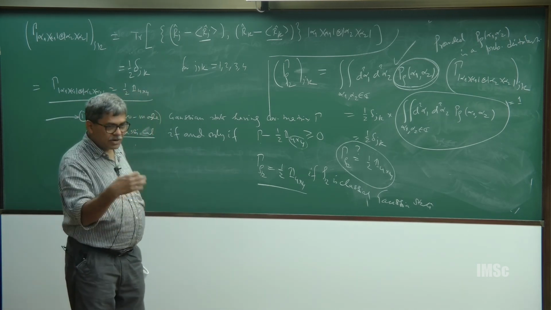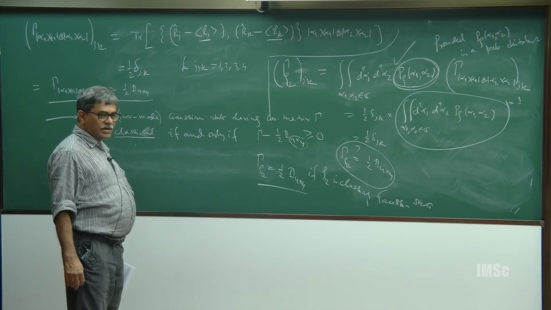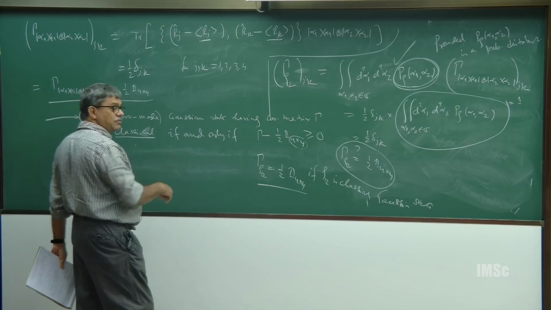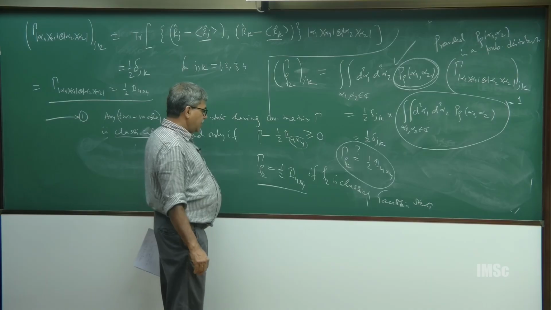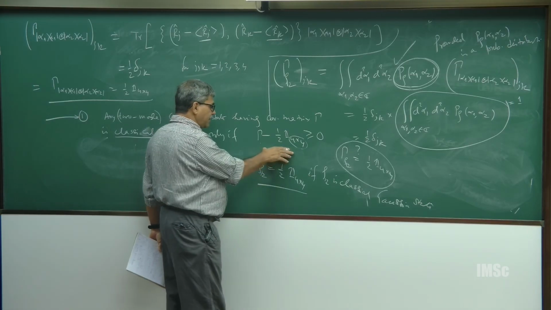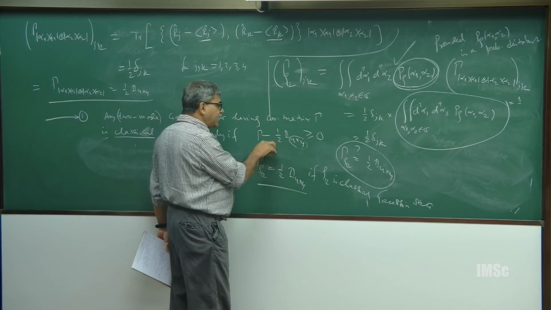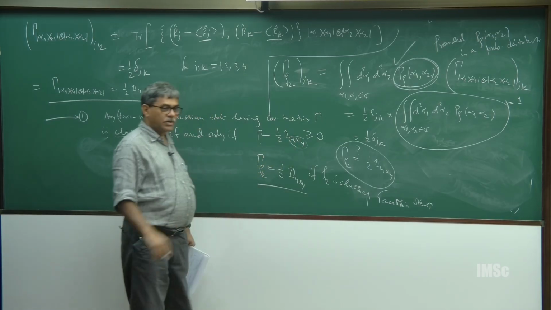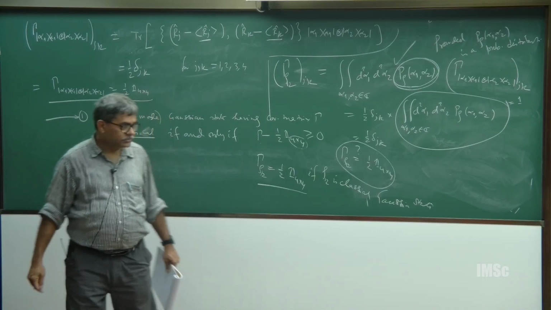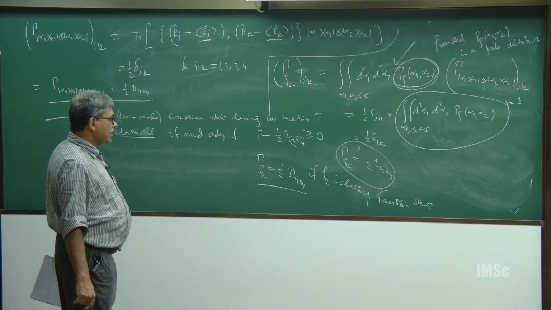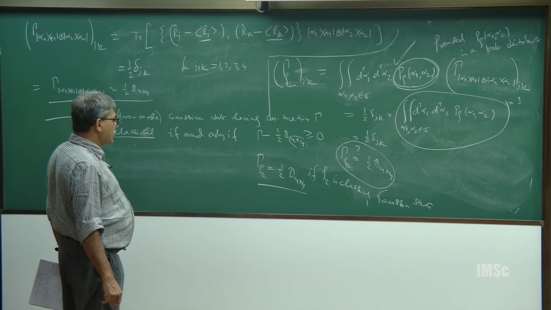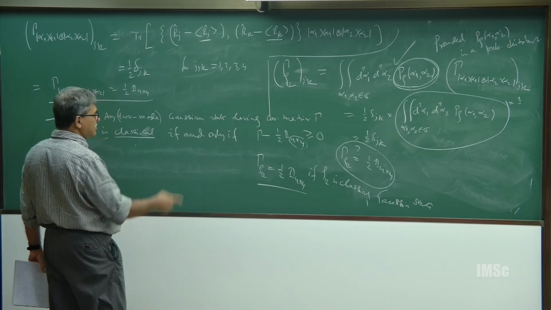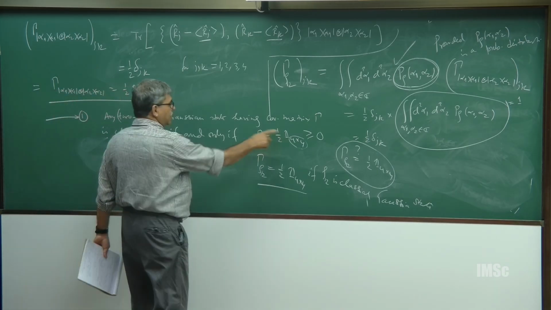For the other part, the other way, we will have to show that if I take strictly equal, then I cannot prove the other way. Basically, for the other part we need this inequality.